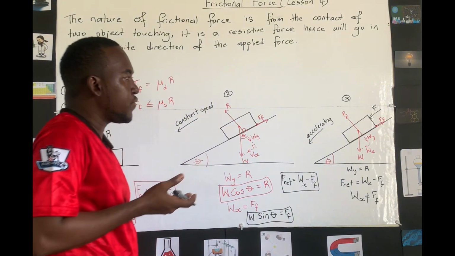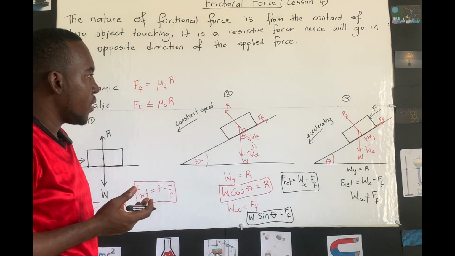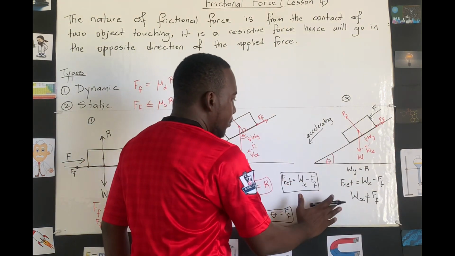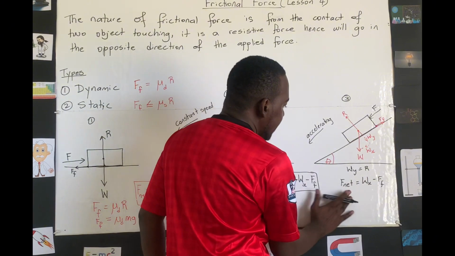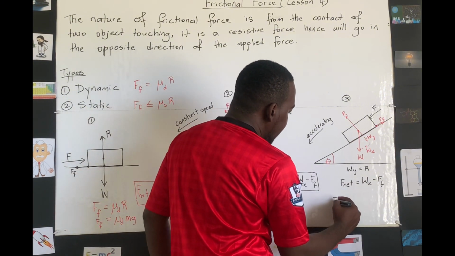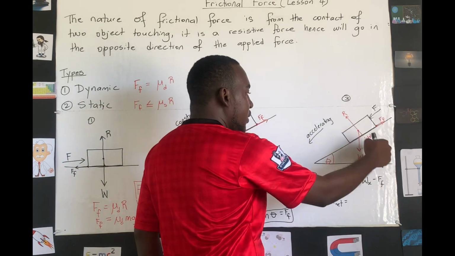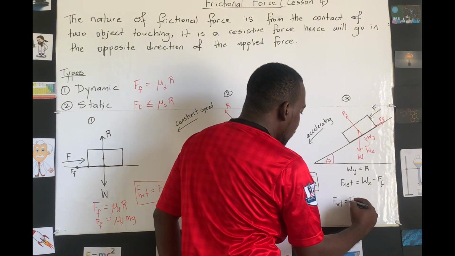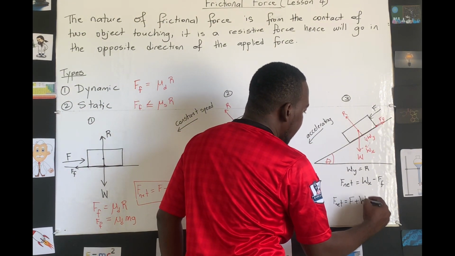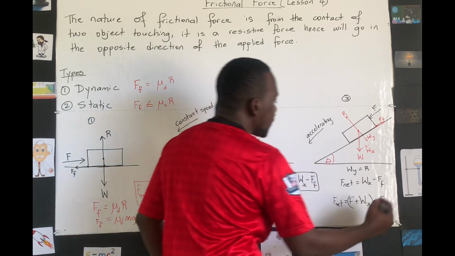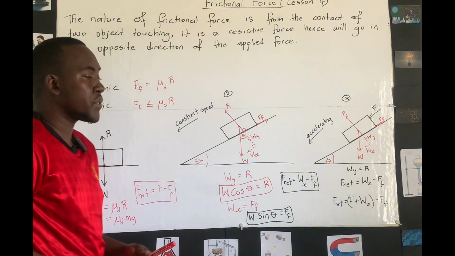If we apply an external force, all that means is that we include that in our equation. And in that case, we will have that F net would be equal to, if this is going down just like WX, so it will be F plus WX. And then we subtract the opposing force, which is your frictional force.